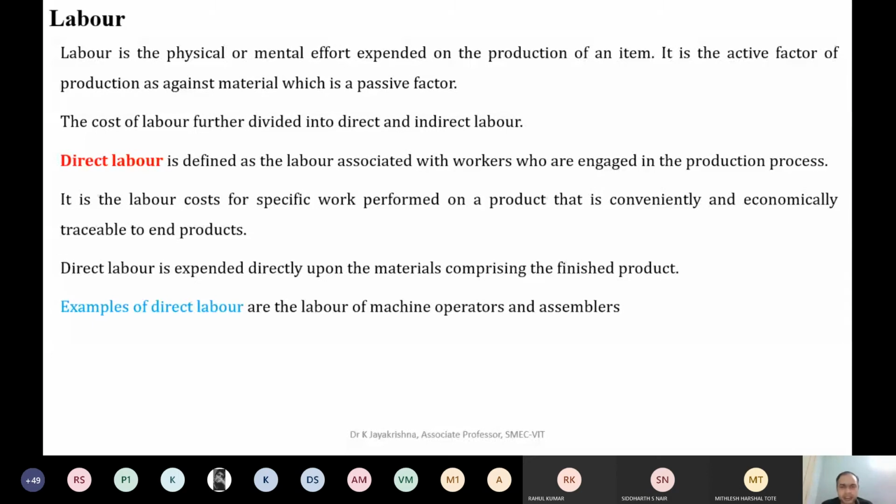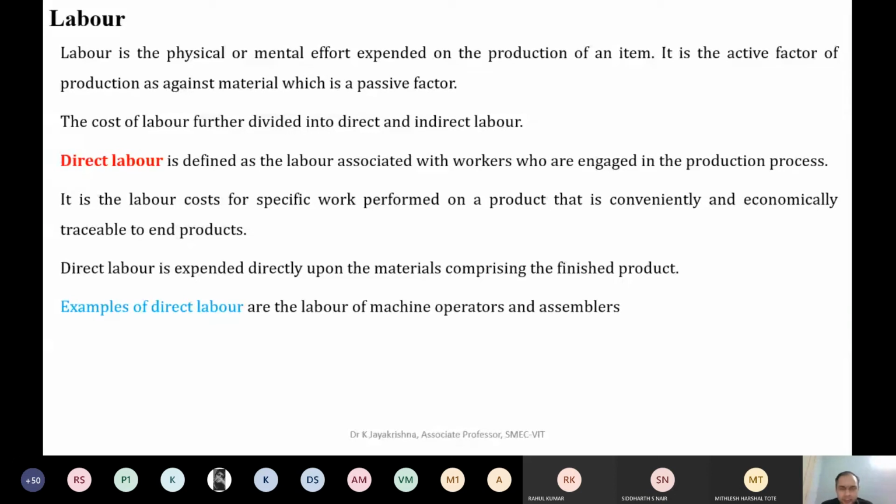Direct labor, for example in an educational institution like a university, are all the teaching faculties, lab attendants and non-teaching staff, who are involved in conducting the classes and running the university. They are called direct labors. In manufacturing wooden furniture, as in the example you gave, the carpenter involved in manufacturing the chairs is direct labor.